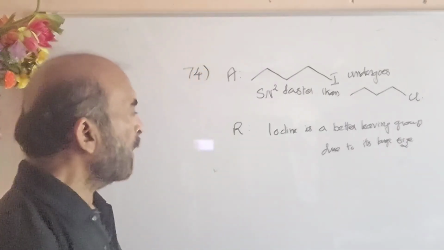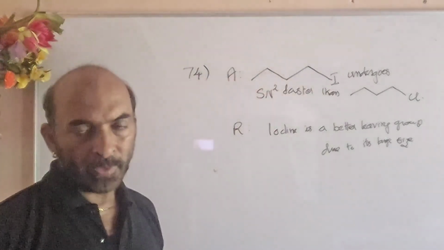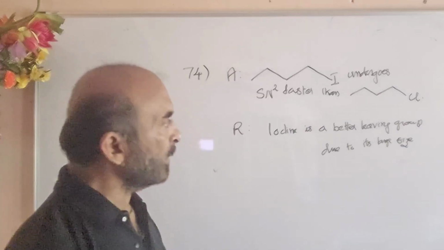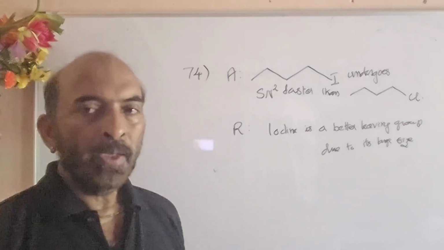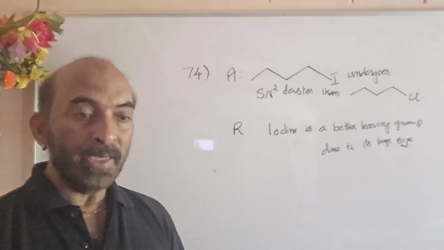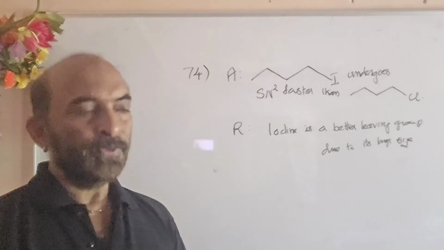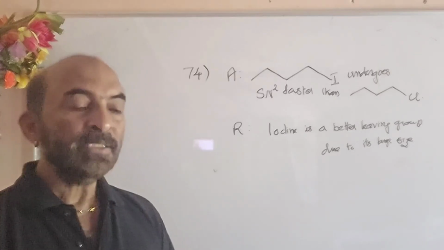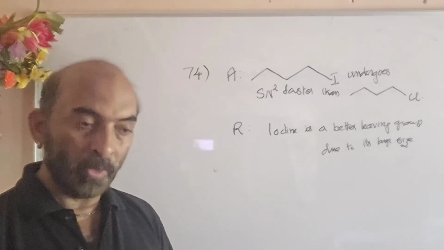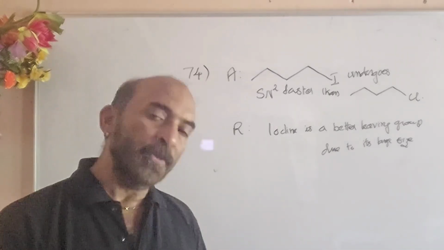Assertion: 1-iodobutane (even in the question paper, the structure is given, not the name) undergoes SN2 faster than 1-chlorobutane. It is correct because in the textbook, it is clearly mentioned that for a given alkyl group, the substitution order is iodo greater than bromo greater than chloro, irrespective of the mechanism.